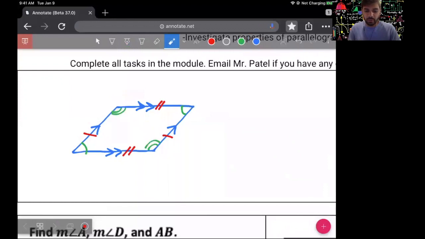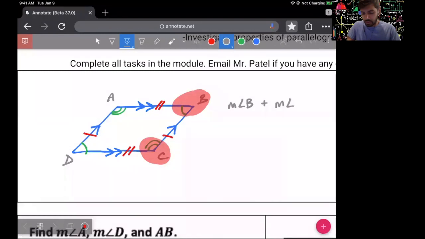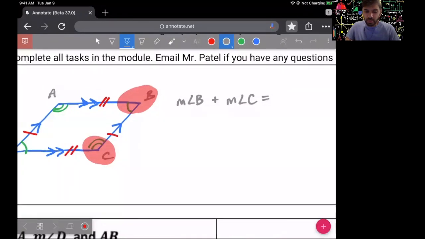And then the last thing that we also want to take note of is, let me label the four corners with letters A, B, C, and D. If I just focus in on angle B and angle C, I'm going to say the measure of angle B plus the measure of angle C. If you have two consecutive angles, meaning they're next to each other on the parallelogram, not across but next to, those two angles will always be equal to 180 degrees.